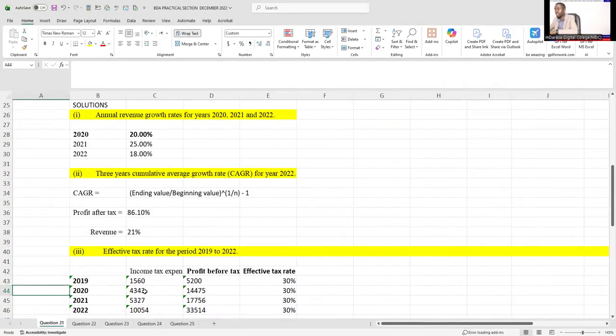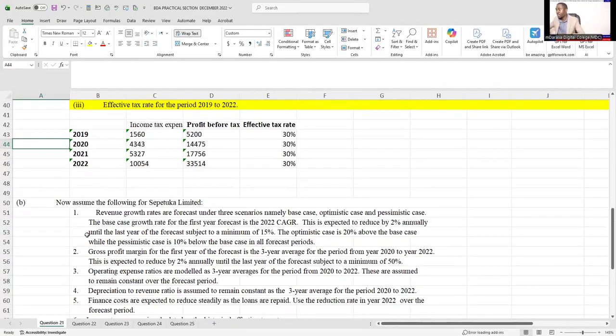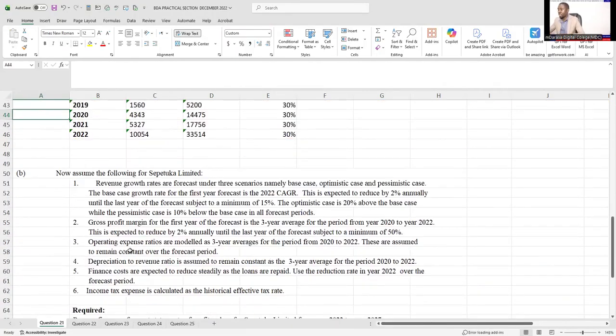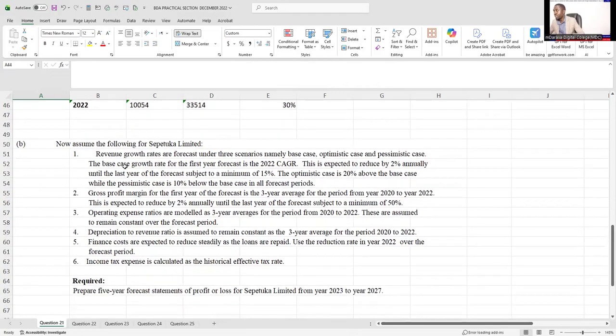The other part here, now assume you're given all these details. Now assume the following for Sepetuka Limited: revenue growth rates, gross profit margin. This is expected to reduce by 2%.